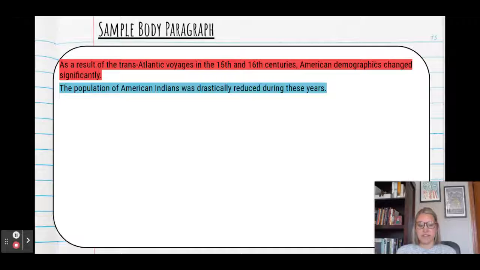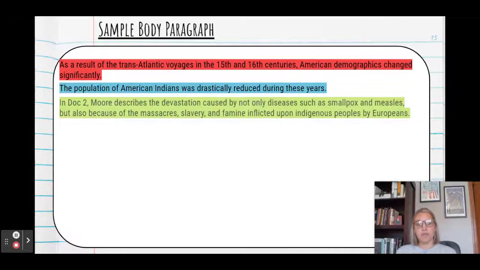So here I'm providing the introduction to more of a specific aspect of American demographics. Now I'm moving to citing the document. In Doc 2, Moore describes the devastation caused by not only diseases such as smallpox and measles, but also because of the massacre, slavery, and famine inflicted upon indigenous peoples by Europeans.